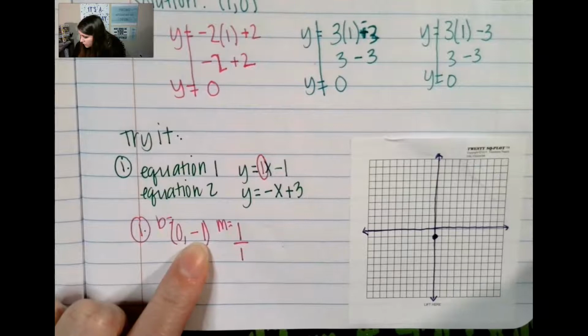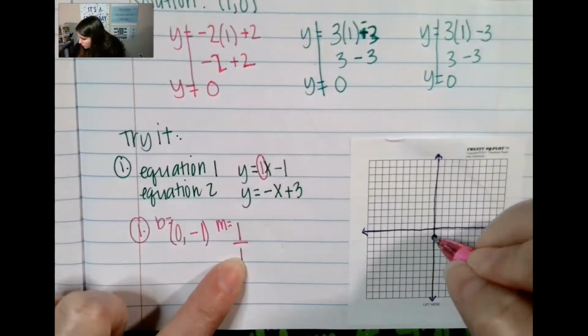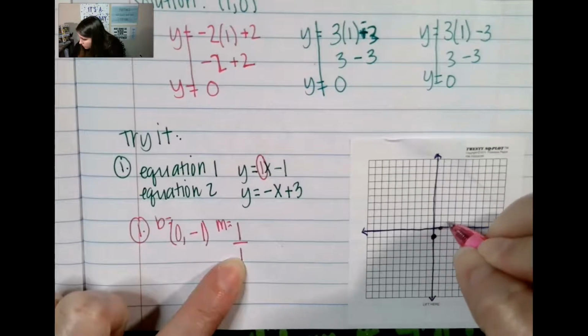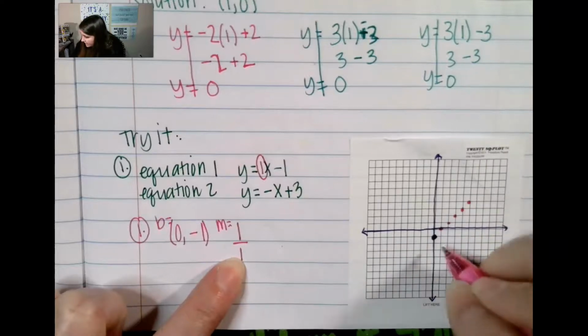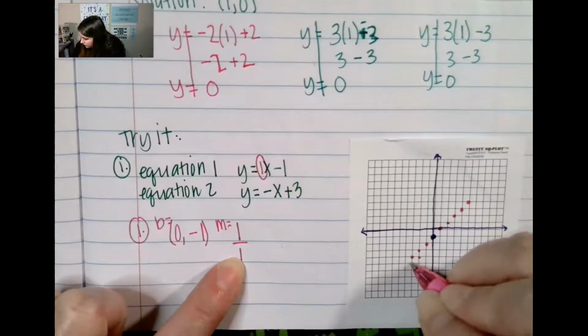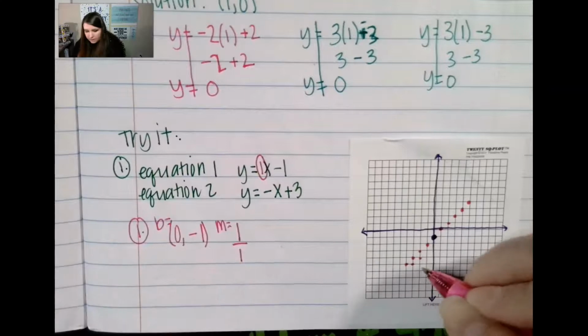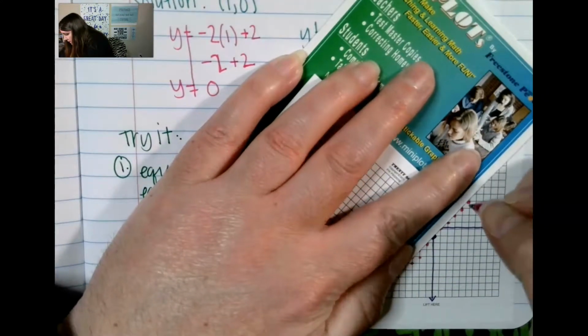That's our first one. And then we're going to go up 1 over 1. So up 1 over 1. So we have just this line that's going to go like this. Ignore those 2 dots, please. Now I'm going to connect these.